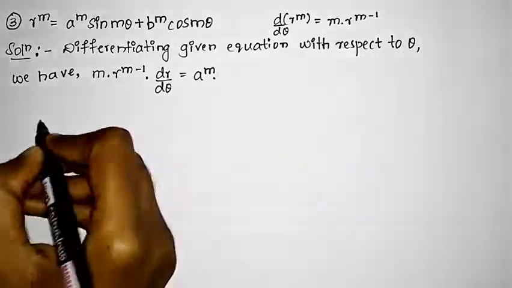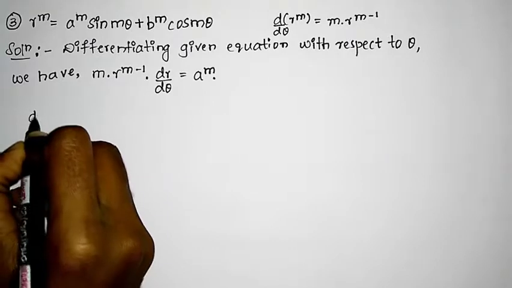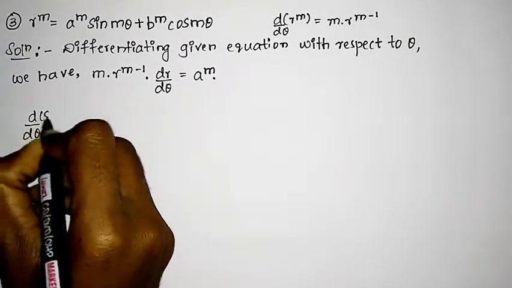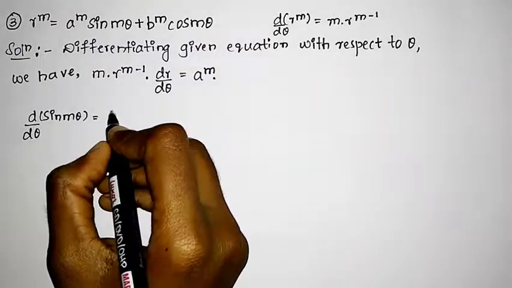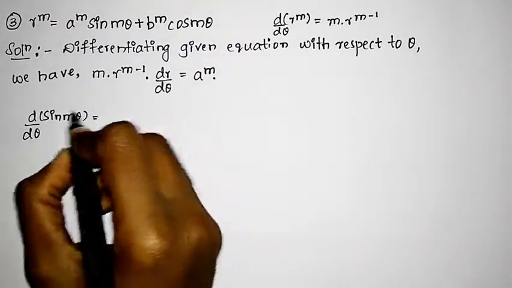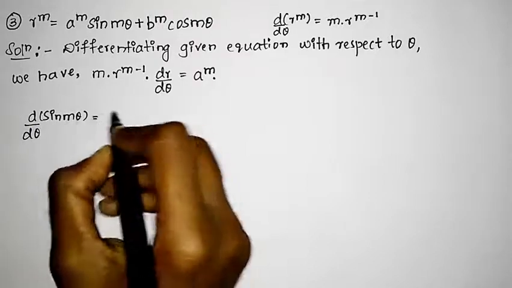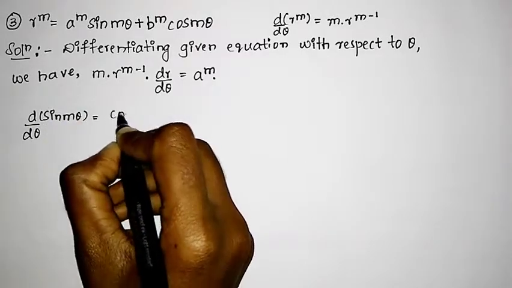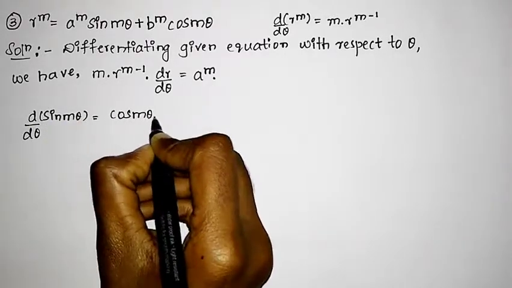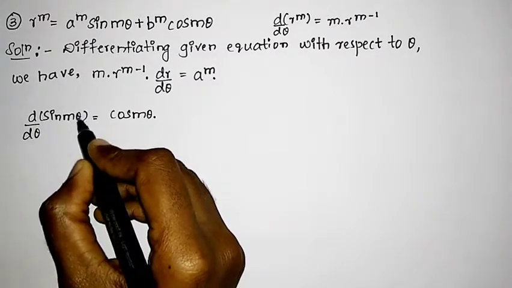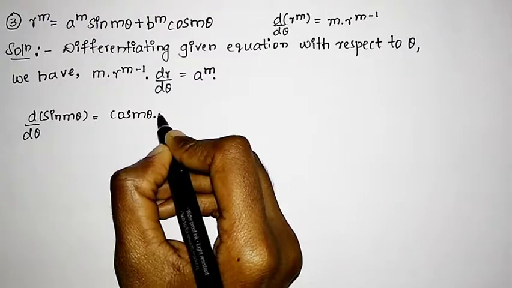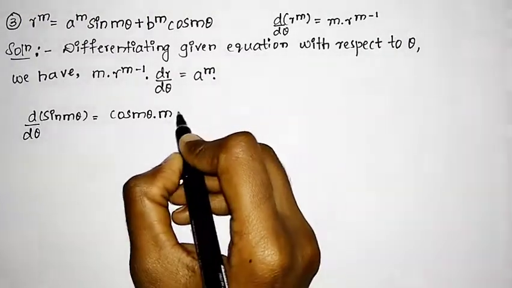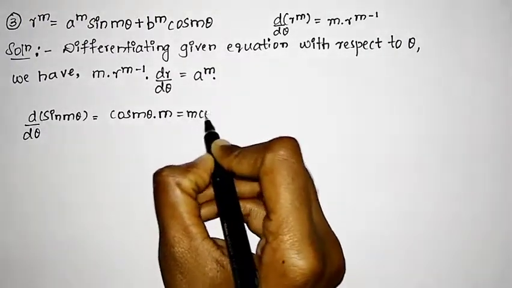Differentiation of sin theta is cos theta, so differentiation of sin m theta is cos m theta into the differentiation of m theta, which is m. Therefore it will be m into cos m theta.